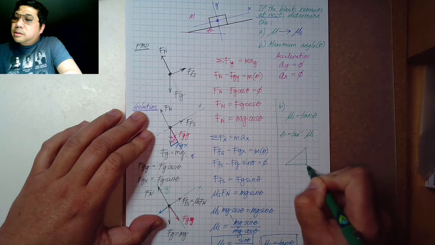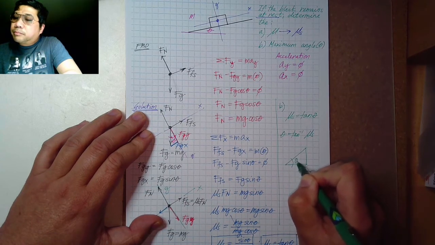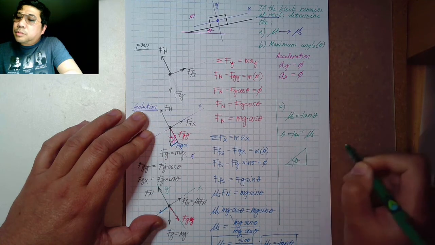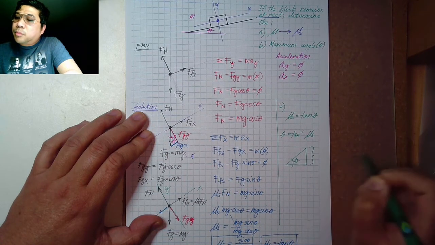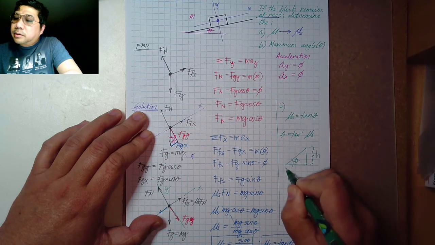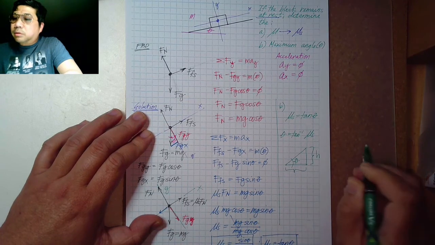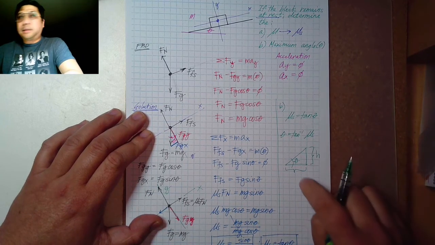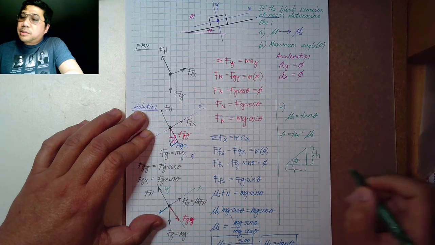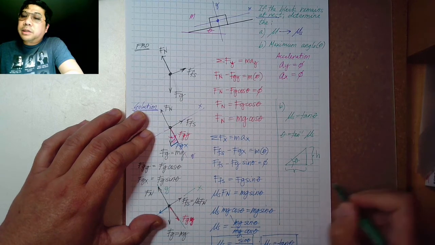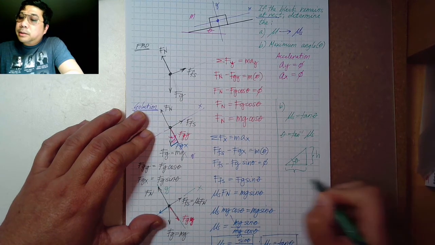This is our height, the opposite side, and this is the adjacent side, the run, as we call it.